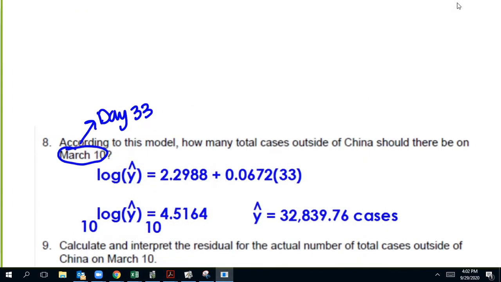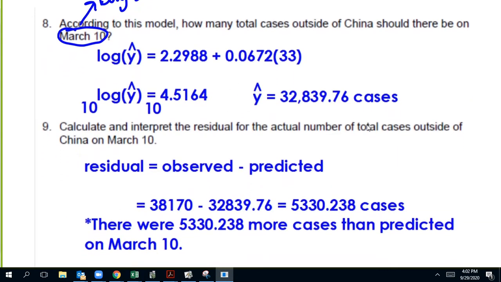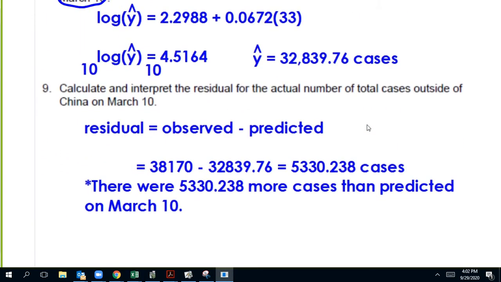Yeah, so that's where I got that. Okay, sorry about that. Now for the residual, you should have been able to do that observed minus predicted.